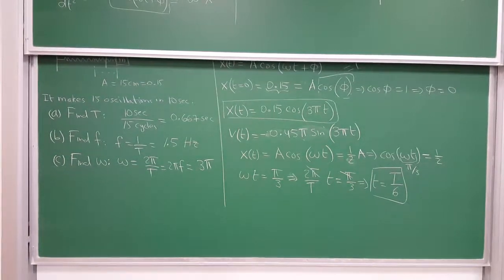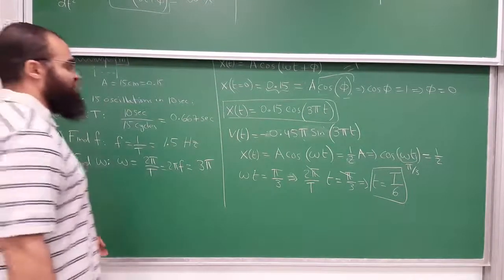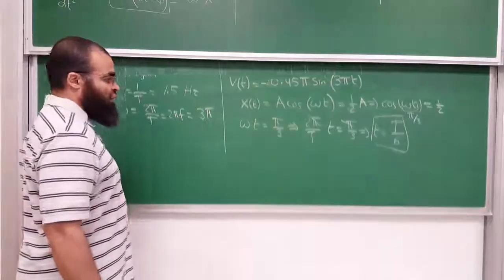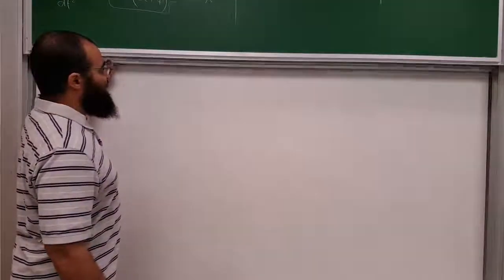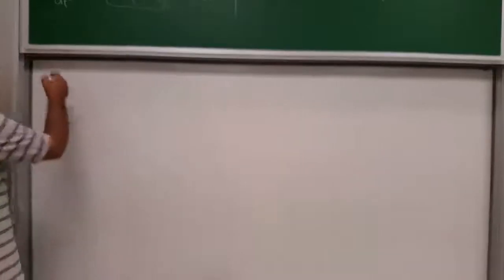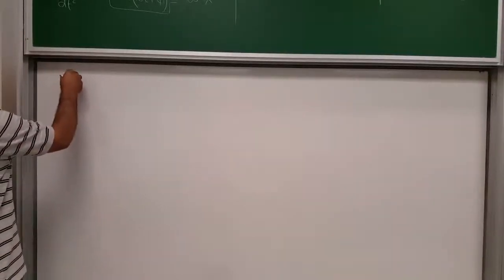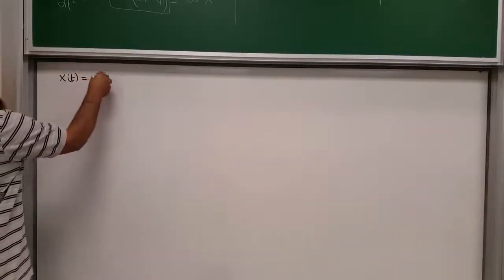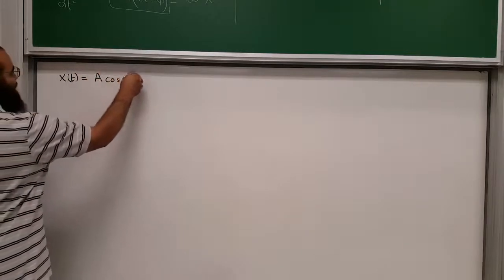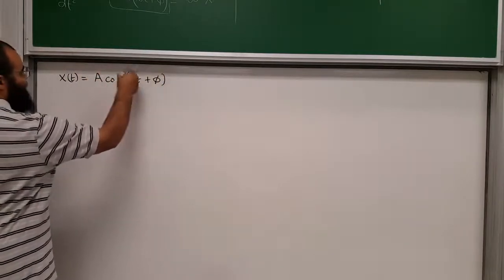I would like to just quickly talk about conservation of energy in simple harmonic motion, for example for this mass on a spring. So we said x of t is, in general, A times the cosine of omega t plus phi.